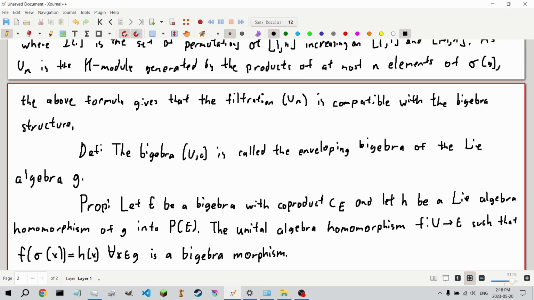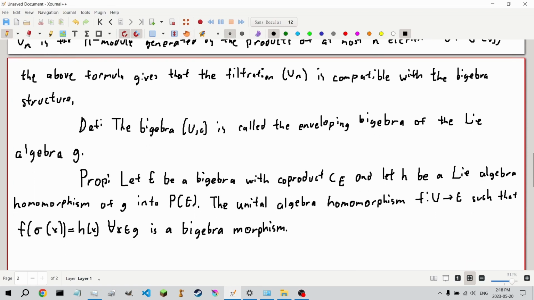So for H being an algebra homomorphism of G into primitive elements of E, we can expand it into this bigger bigebra morphism.